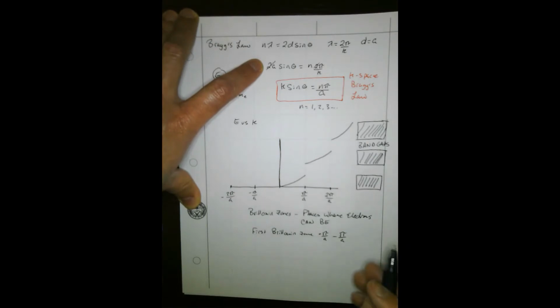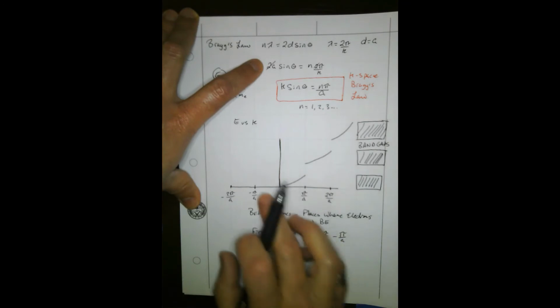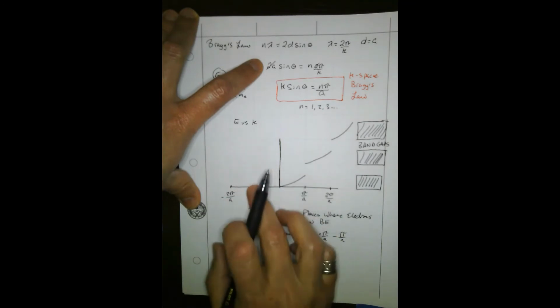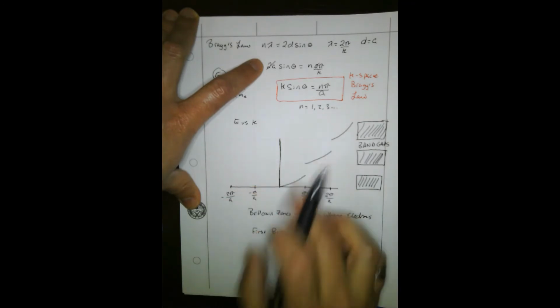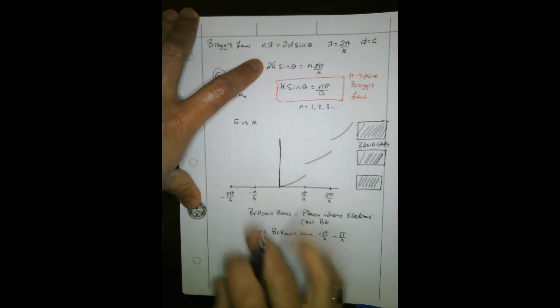The second Brillouin zone is divided into two spots, as you may have guessed, because there's a discontinuity here and another discontinuity here. So there are two other Brillouin zones, and the second Brillouin zone is either positive or negative.